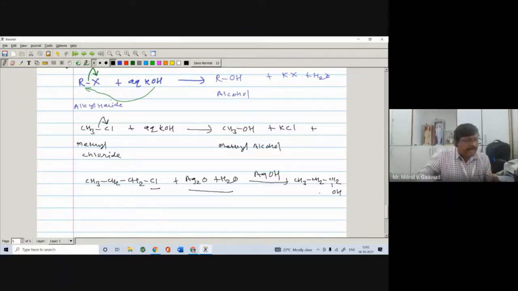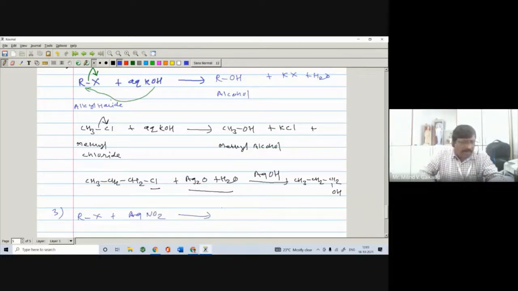Then next is the reaction giving alkyl nitrate and nitroalkane, right? Reaction number 3: suppose you treat the alkyl halide with silver nitrite, AgNO2.